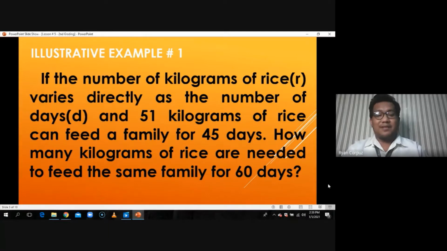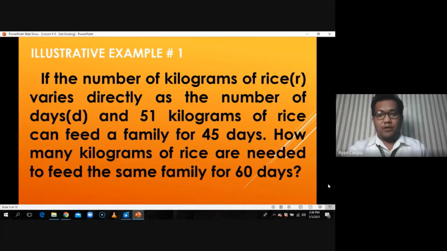We can shorten it so you can better see the statement of variation. That is why we have the representation of R and D. So we can say that R varies directly as D. Then the 51 kilograms of rice and 45 days will be used in order for us to find the value of K.